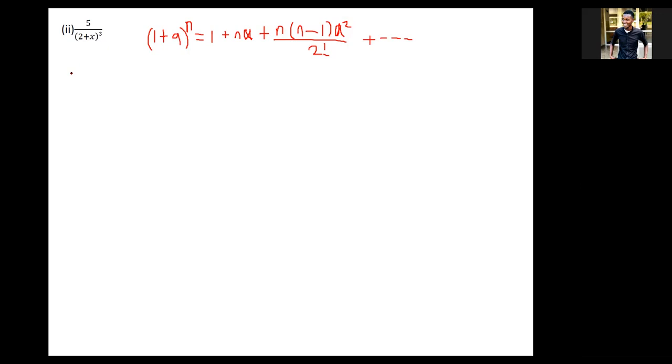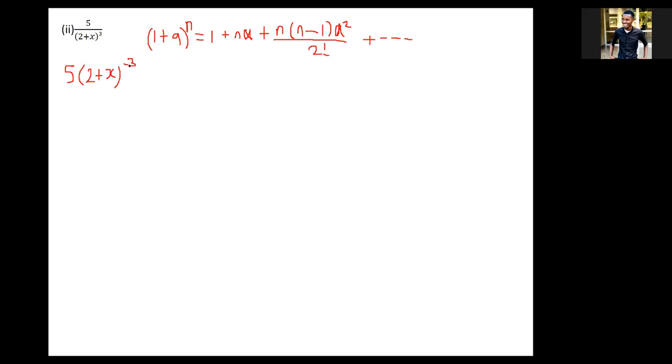First you write your 5 there, and then you make sure that this is in this alignment, and it simply means that when this goes up there, the power will be negative. So we're going to have something like this: 2 plus x, and then to the power negative 3.